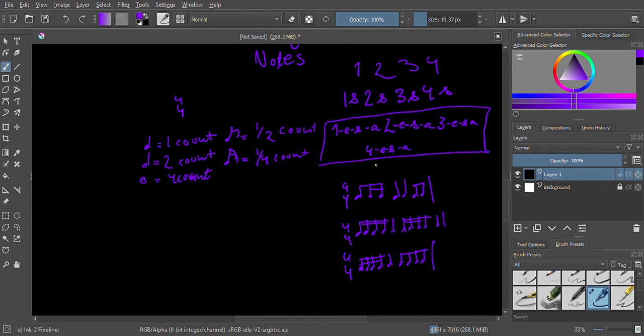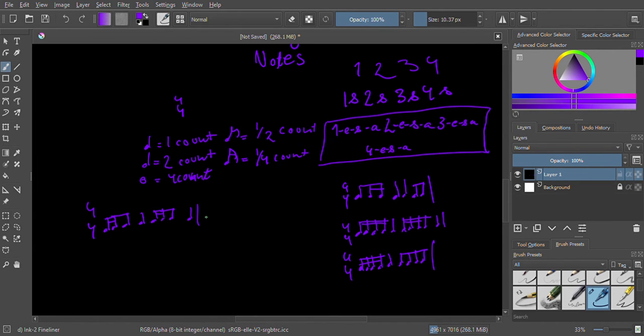Alright. Okay, now let's try some 4-bar rhythms, some more heavy duty things, and let's see where we go with it. Sorry if I'm not making this as clear as it could be.